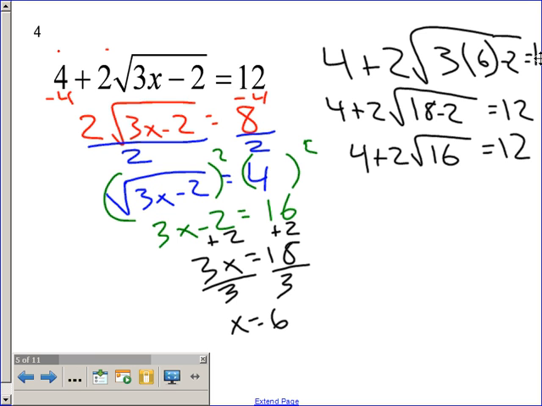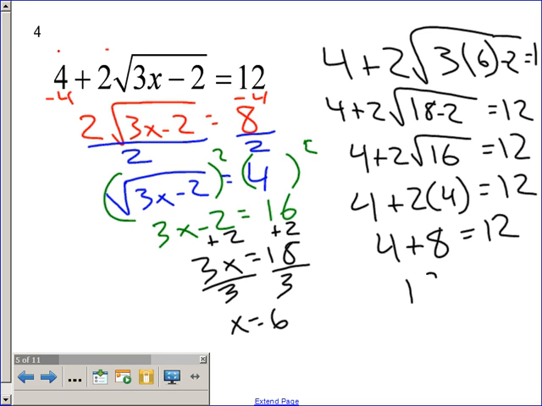In some of these problems, you might be able to do parts of it in your head. The square root of 16 is 4, so I have to do 2 times 4. And 2 times 4 is 8. And yes, 12 equals 12. That one checks out.